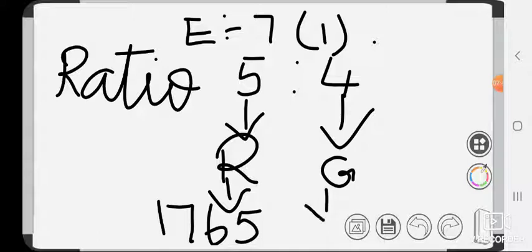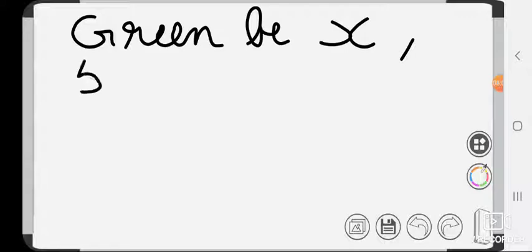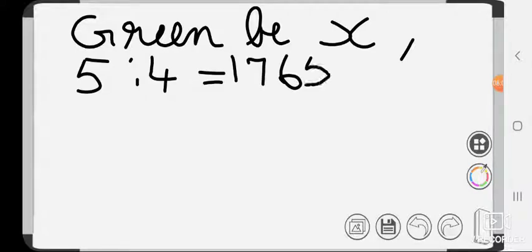That means the number of green bulbs remains unknown, so let the unknown number be x. Now we can write the ratio as 5 is to 4 is equal to 1765 is to x.